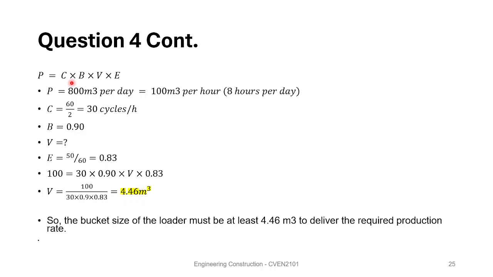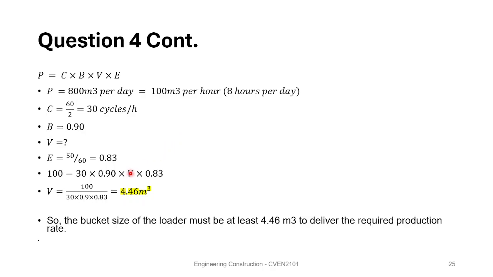So if your excavator is P equals CBSVE, in a loader it doesn't swing, so you get rid of the S, and then in a dozer, you don't have a bucket, so you get rid of the B, right? So you just have the volume of how much you push for a dozer, okay? So in terms of loader, you just need to calculate it this way. You take it from a table as well.